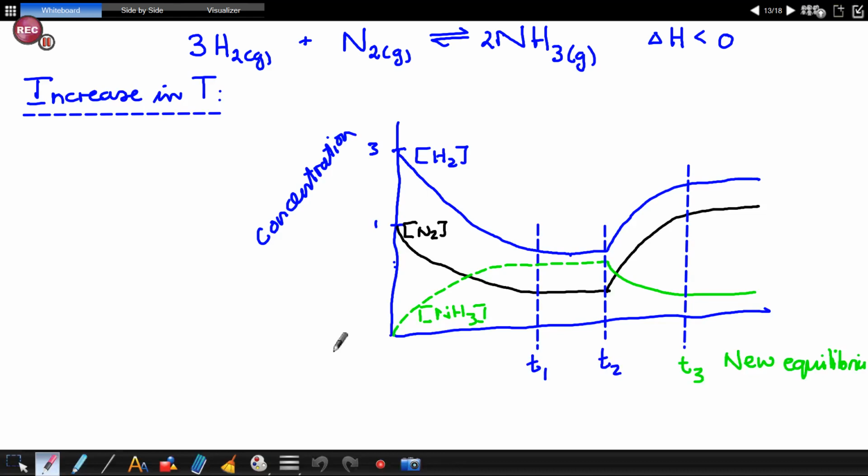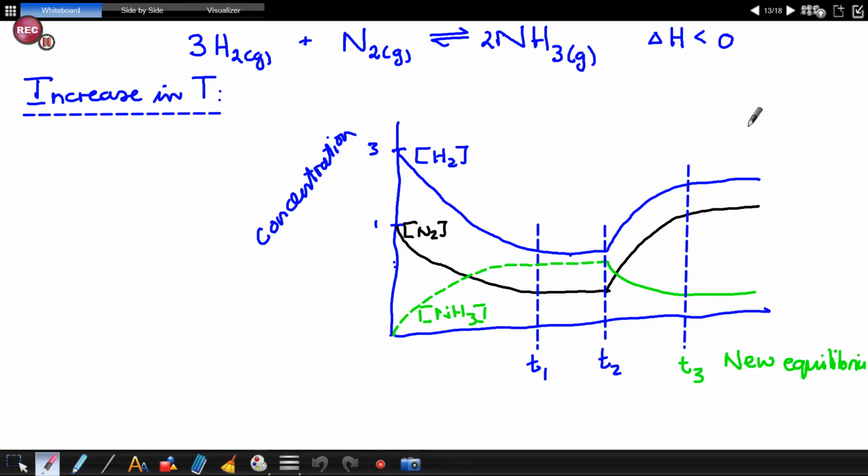If the reaction is written down like this, the forward reaction is exothermic. Then an increase in temperature will favor the endothermic reaction, which is the reverse reaction. Equilibrium will shift towards the left in this case, and in the second slide, the equilibrium shifts to the right. I get confused about the shifts.